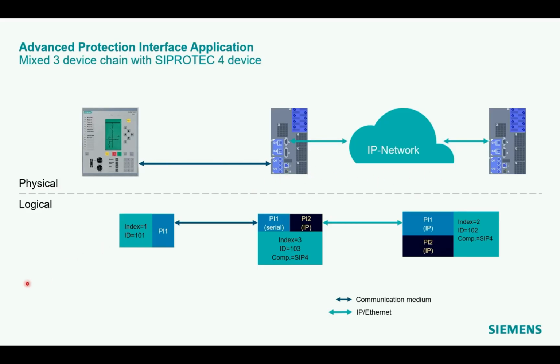On the logical level, you see that the SIPROTEC 4 devices use protection interface 1, using the index 1. The remote end relay is the device with the ID 102, index 2. And in between the SIPROTEC 5 devices, we have this IP-based communication channel.